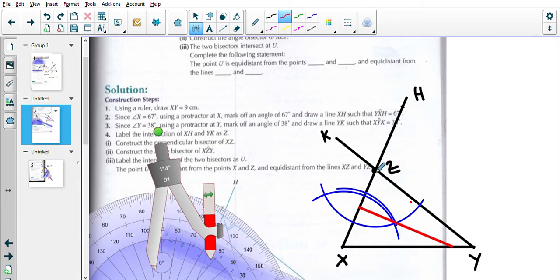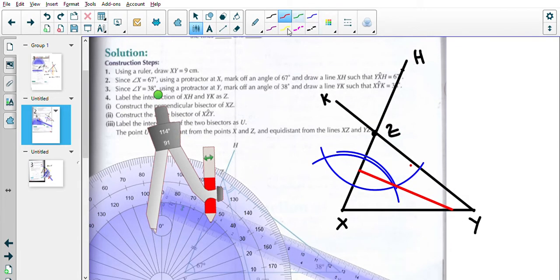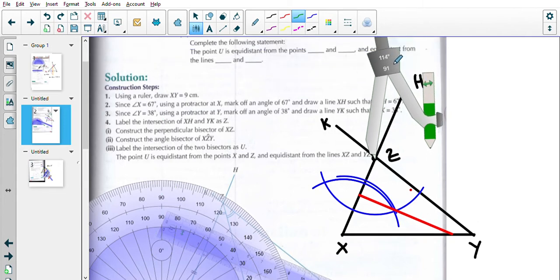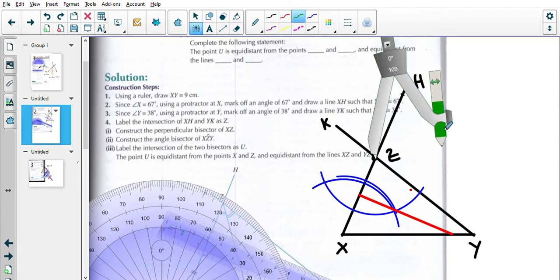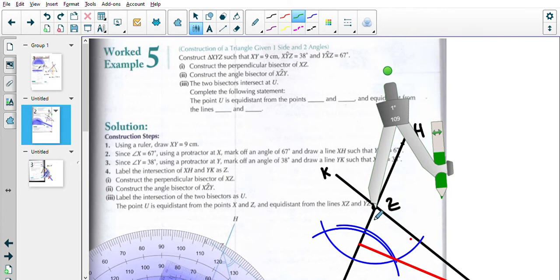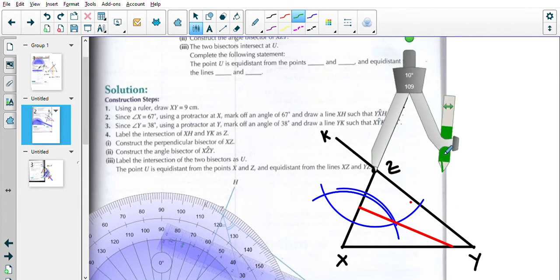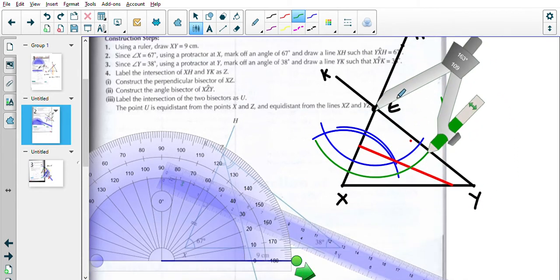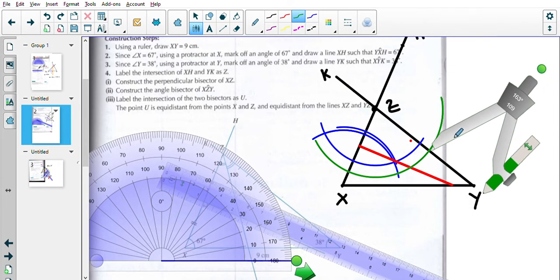Now we can use the green one here and put the arm like this, and make sure that it's more than half of XY. Because the center is on Z, remember, since it is XZY, Z must be the center. I draw the arc like this, and it will intersect with XY here.